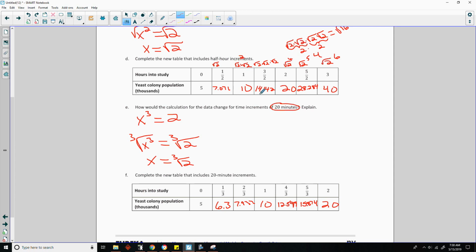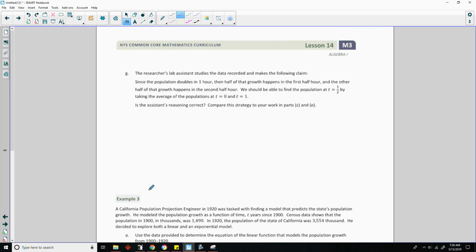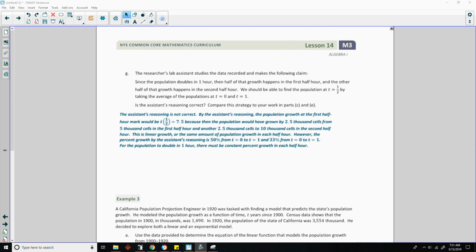Is that 30? 10 plus 20 is 30, divided by 2 is 15. Is that 15? 5 plus 10 is 15, divided by 2 is 7.5. Is this 7.5? Okay, so obviously that is not what we should be doing. The assistant's reasoning is not correct.